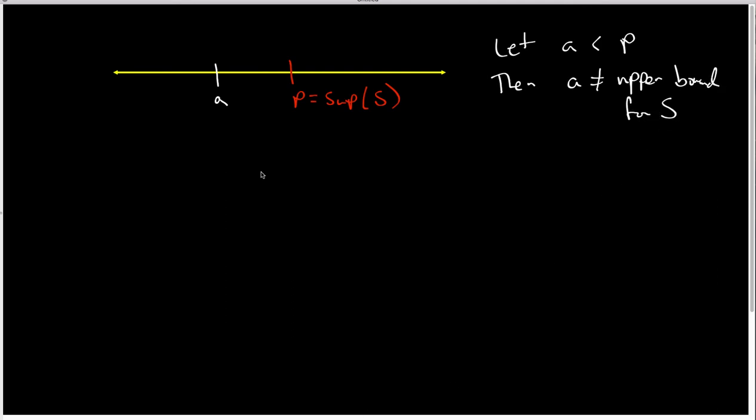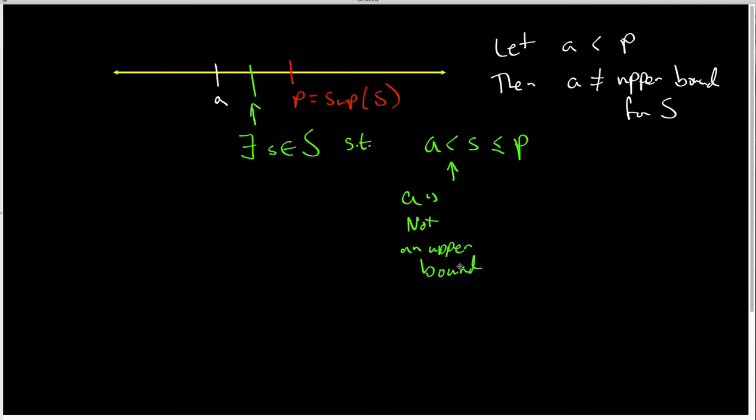And what does that mean? That says there exists at least one little s inside set S such that A is less than s, because A is not an upper bound for S. And s, of course, has to be less than or equal to P, because P is an upper bound. So this inequality is because A is not an upper bound.